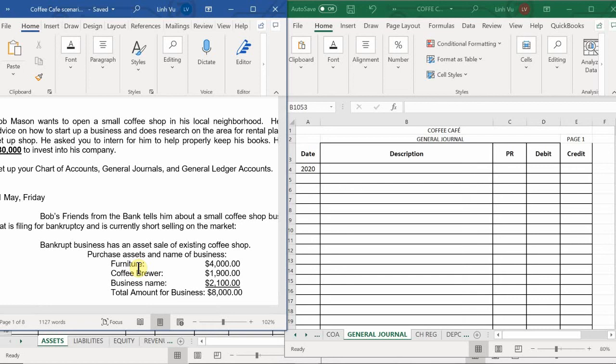Yes. Yes to both. Okay. And here, can we use the debit and credit system, and do we need to properly journalize it in a proper book? So in this case, we only have one book, which is the general journal.